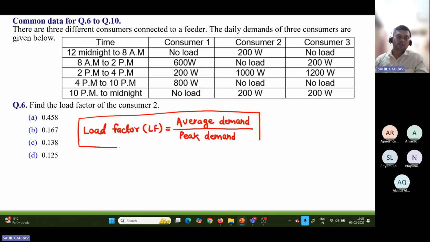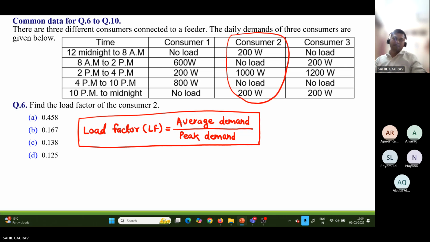So we have to deal with this second column only. So first find the average demand, then find the peak demand. Peak demand is given in the table itself, but for average demand you have to calculate the average based on the energy consumption for the 24 hours.